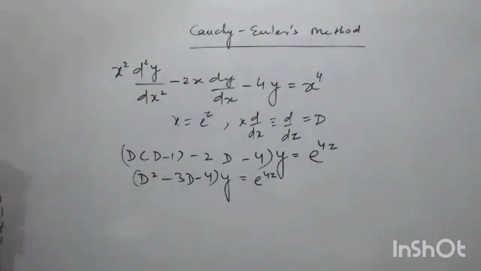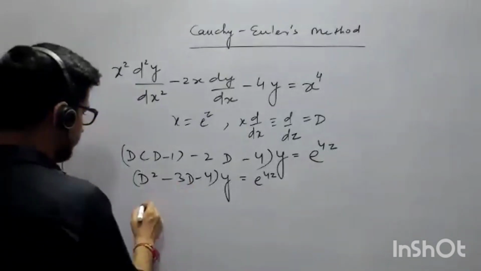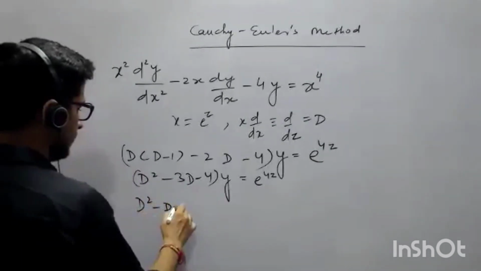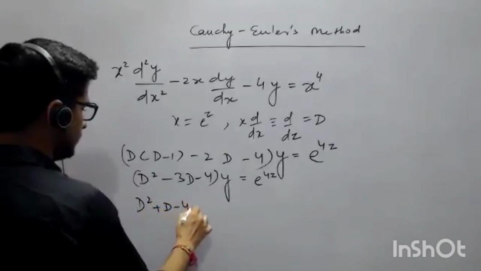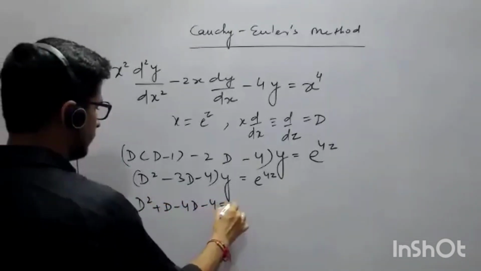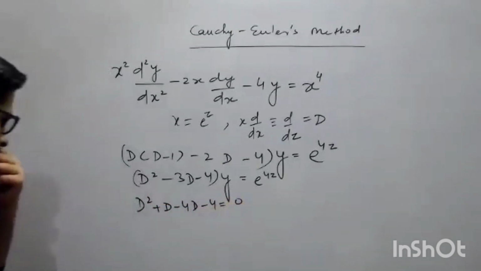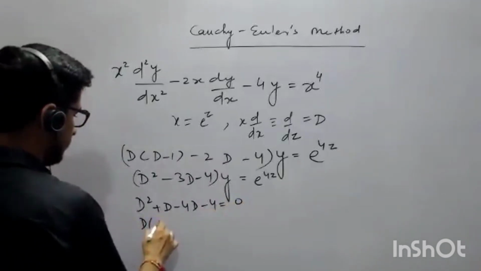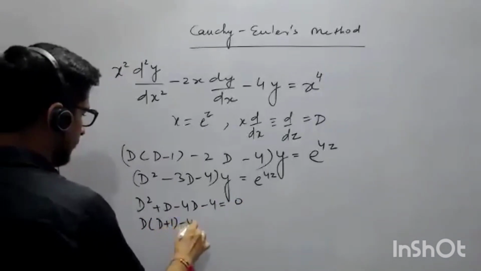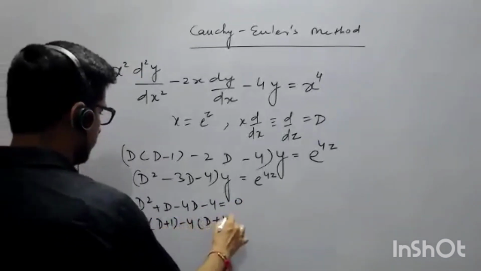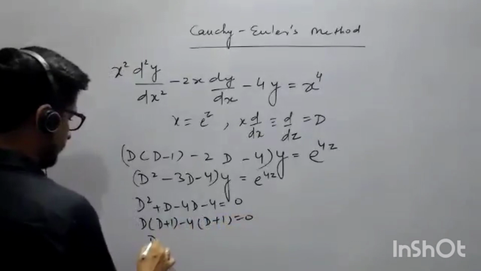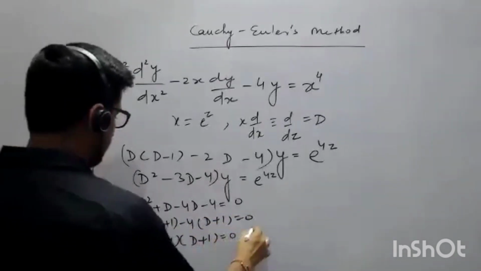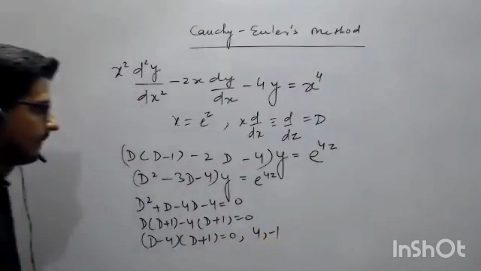Correct? So solve this. How will it become? It will become d square minus 3d minus 4 is equal to 0, that is d square plus d minus 4d minus 4 is equal to 0. So it will become d plus 1, and minus 4 if I take common, d minus 4 times d plus 1, so the roots are 4 and minus 1.